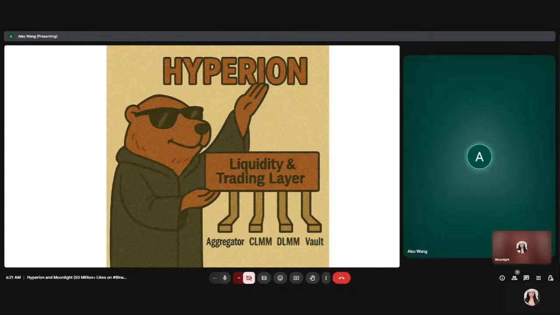Professional MM teams or quant teams will help manage your LPs. They will manage the price ranges, help you do the rebalancing, and help with the right timing on reward harvesting.